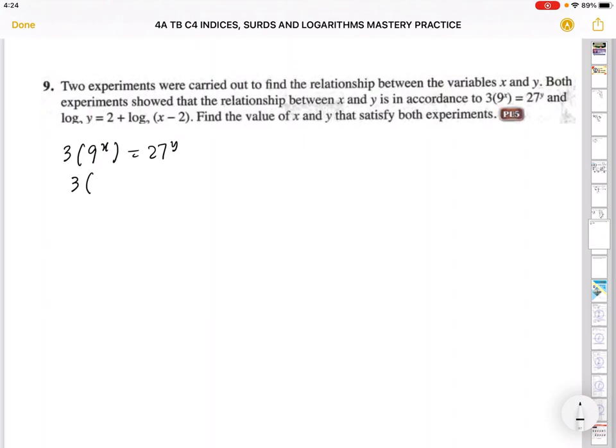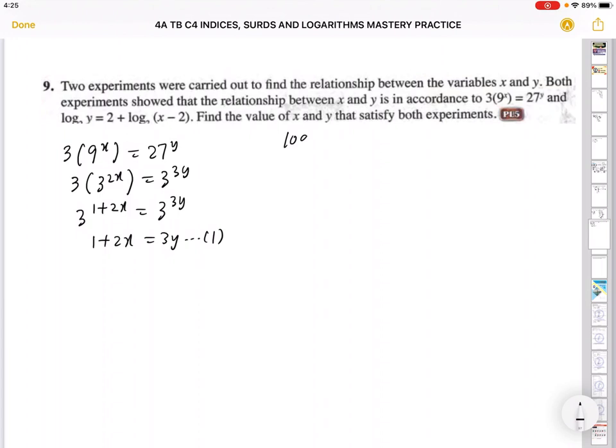For example, 9 we can change to 3 power 2, 27 we can change to 3 power 3, and when you put together it is 3 power 2x equals 3 power 3y. So we compare the power. 2x is now 3y. Now I'm not sure what to do with this, so I'm just going to leave this out and call this equation 1. Let's move on to the second one.